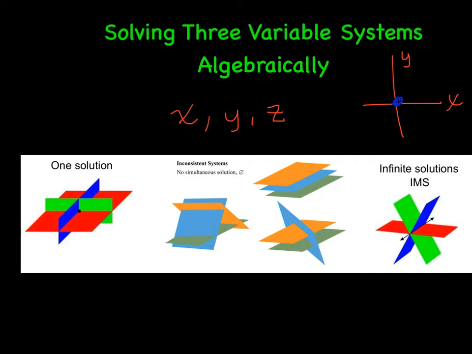They could be parallel, 2 could be parallel and 1 could be cutting through them, or they could arrange themselves in kind of a triangle formation. In all of these situations, I don't have a solution because there's nowhere that all 3 intersect. Also remind me that we need to go through inconsistent and consistent.